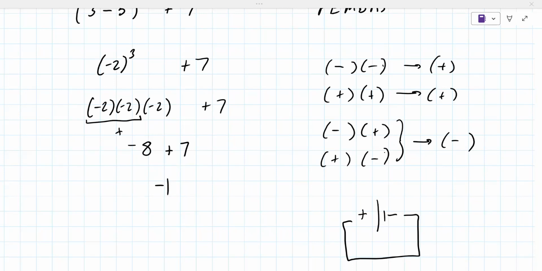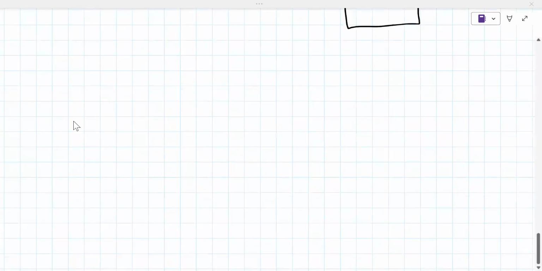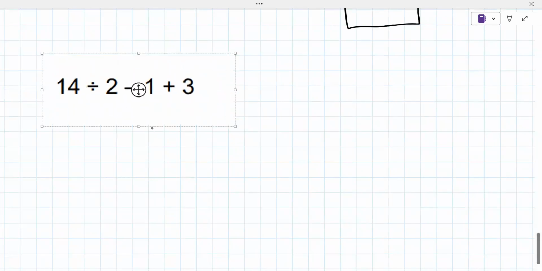The key thing here is to be able to work these out without issue for order of operations. So if I can find some that aren't too bad. Yeah, there we go. Here's one for us to look at. All right. So here's a problem I'd like you to try on your own. Just want your final answer.